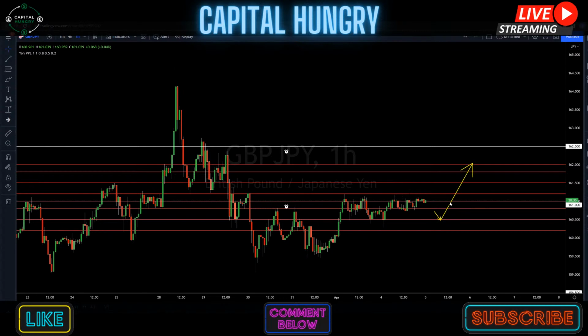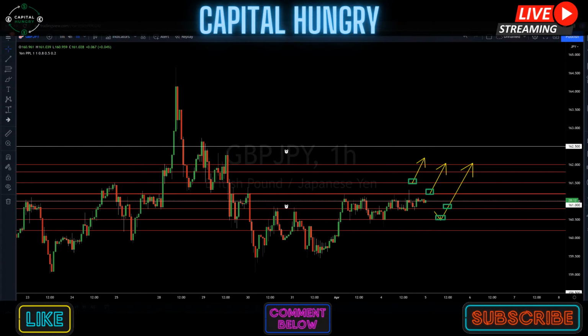Breaks back above 161, breaks above 161.2 and 161.5, I'm still looking for GJ buys. Playing the higher time frame bullish structure, intraday bullish structure, Japanese yen weakness, and of course confidence in the UK equity markets, and a lot of the fear, uncertainty, and doubt being priced in.